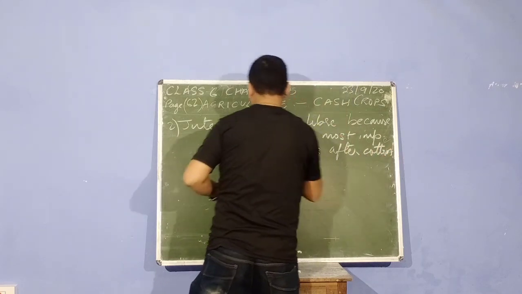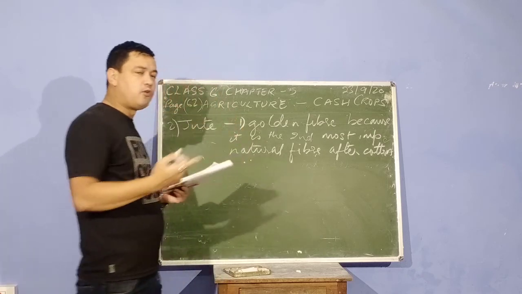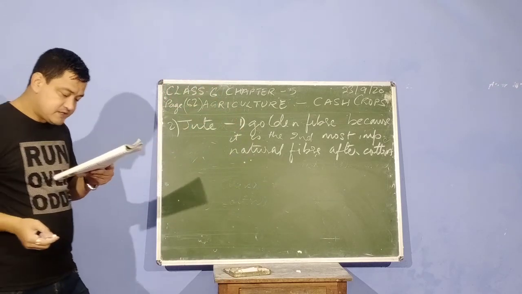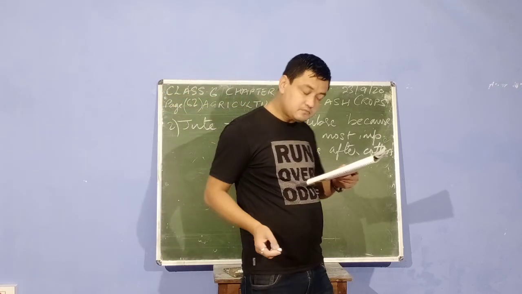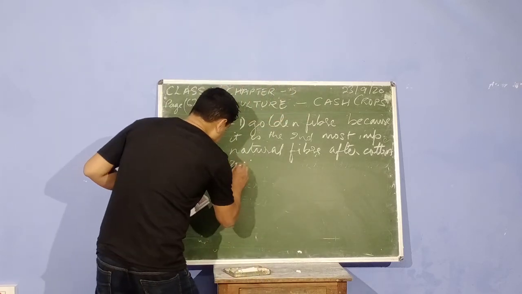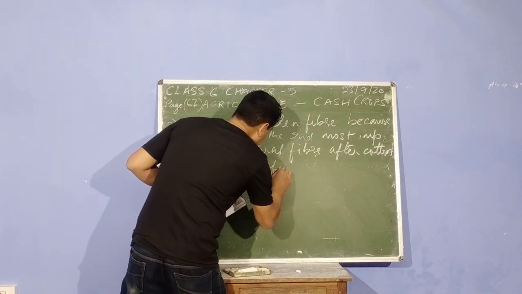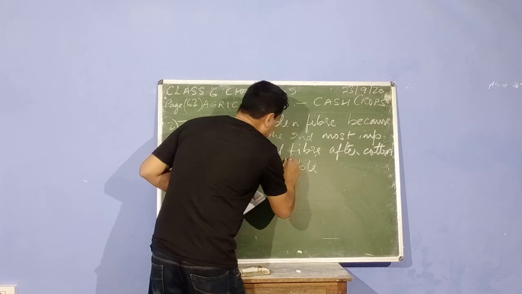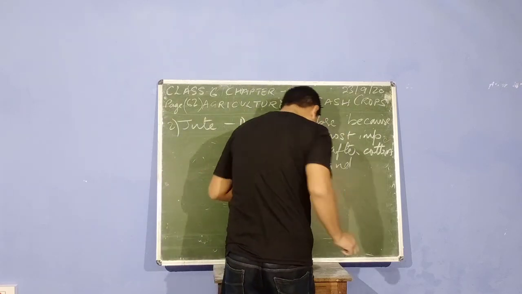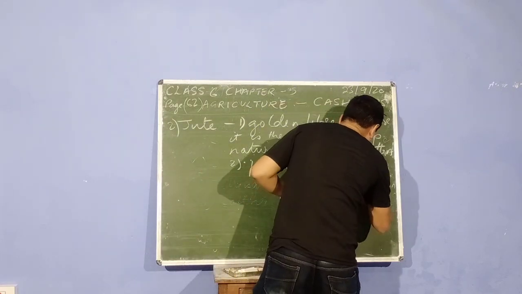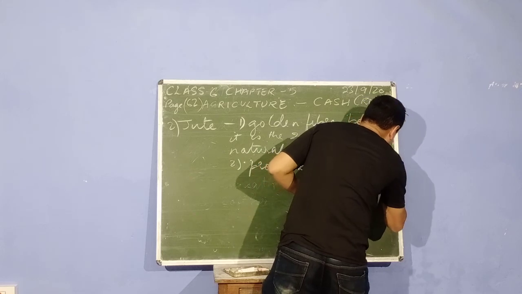Number one point, why is it called the golden fibre? The second point is it is profitable and exportable. It is also exported to foreign countries.